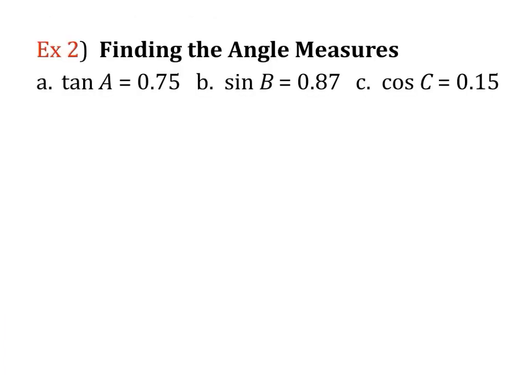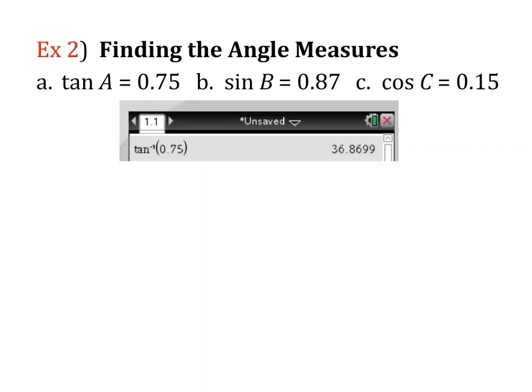All right, so let's just take a moment to practice finding the inverse in all of the following situations. So we have tangent of A equals decimal .75. And remember, your ratios can be in the form of decimals. So here we don't have the fraction of opposite divided by adjacent, but it's already been simplified to a decimal. So when you type it in the calculator, simply type in tangent inverse of .75, hit enter, and you should have gotten 36.8699.